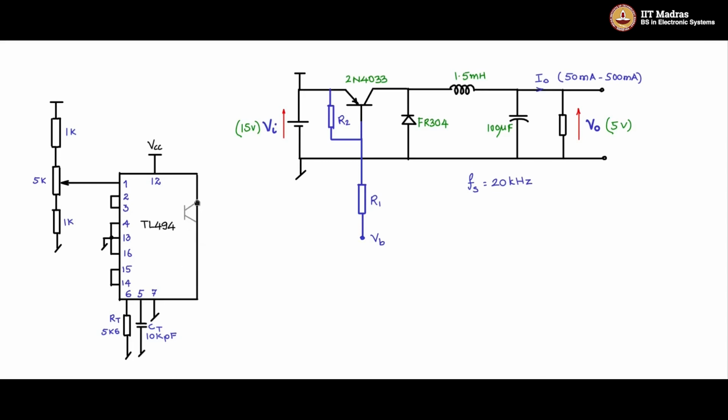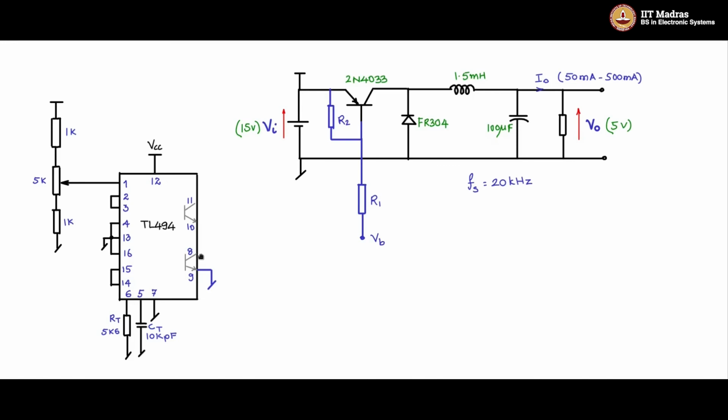Now internally there are two transistors that will get enabled or disabled depending upon the pulse width modulated waveform that is coming to the base of these internal transistors. So this is pin 11, 10, 8 and 9. You can use any one of the transistors. Now let us say I use this 8, 9. 8 is the collector, 9 is the emitter.